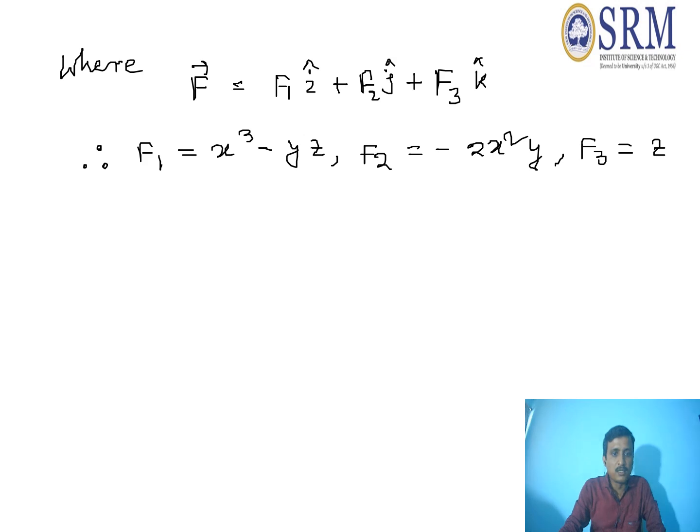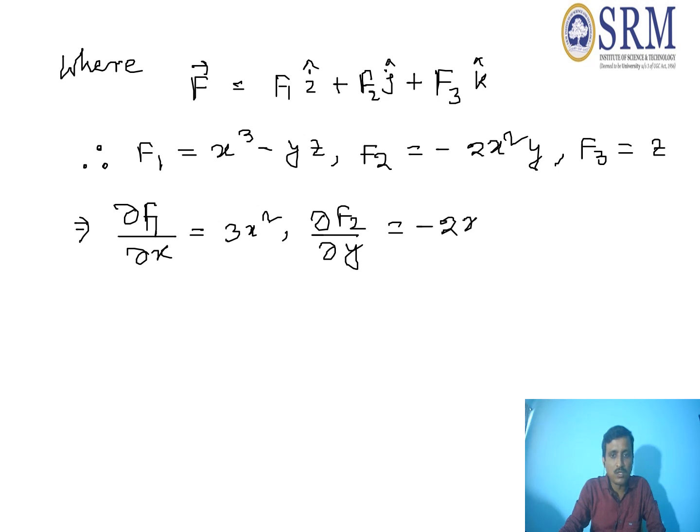Now you can do the partial derivatives, because they are needed to evaluate the volume integration. ∂F1/∂x is 3x². ∂F2/∂y is equal to minus 2x². And ∂F3/∂z is equal to 1.